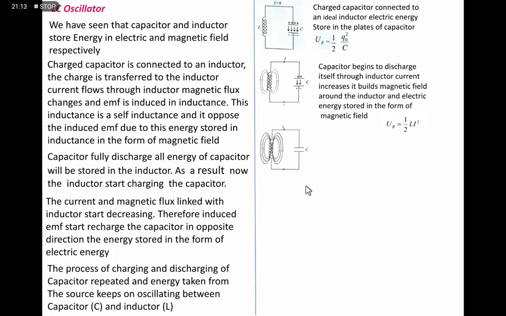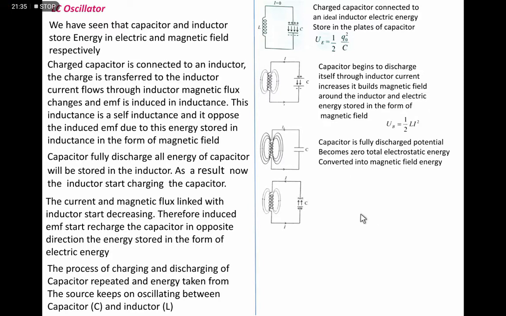Now the inductance is fully charged and the capacitor is fully discharged in this diagram. So the potential across the capacitor becomes zero, and the electrostatic energy is totally converted into magnetic field energy. Then, as I said, the charges start to move from the inductance to the capacitance.